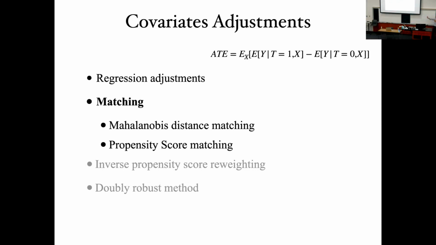I throw away the remaining values and just use those selected in this matching process. This is another way to guarantee that I have the same distribution of X across the two groups, because I threw away other data points to make sure they match each other. Okay, intuitively, that's the idea.